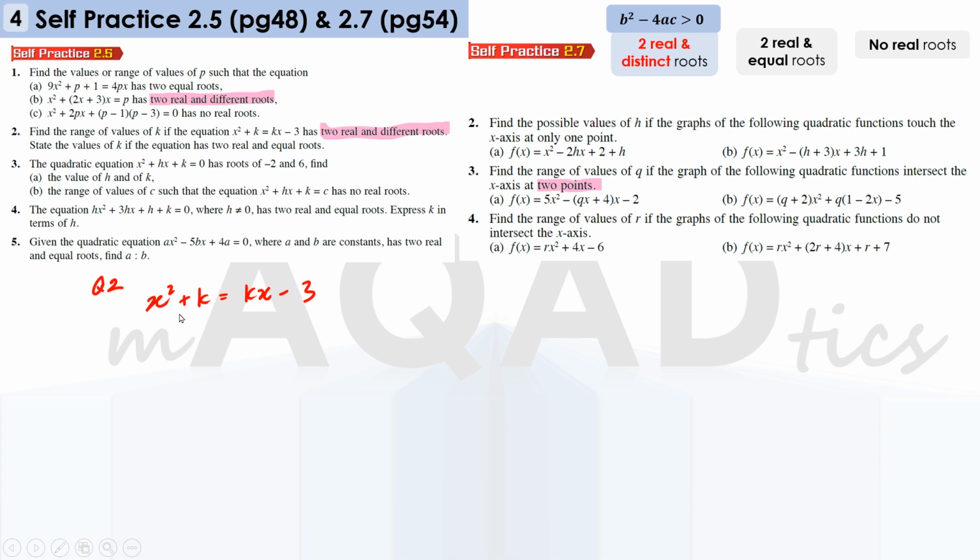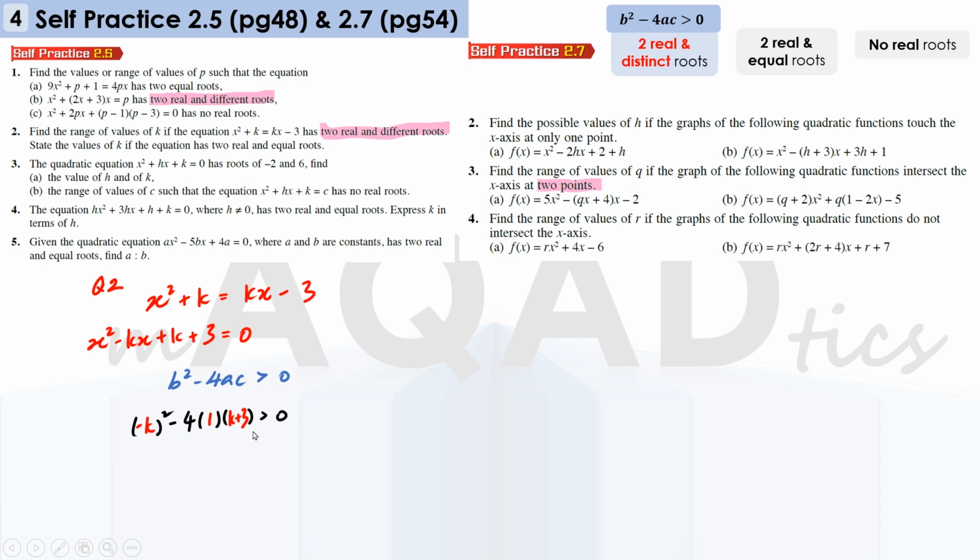So for this one, let us find the values of a, b and c first, but let's rearrange the equation a bit. Once we rearrange it this way, our value of a would be 1, value of b would be negative k, value of c is k plus 3. Once we substitute, you will find this expression.